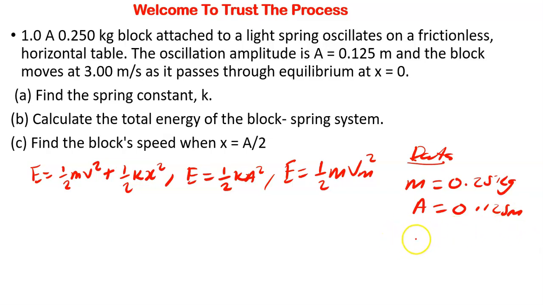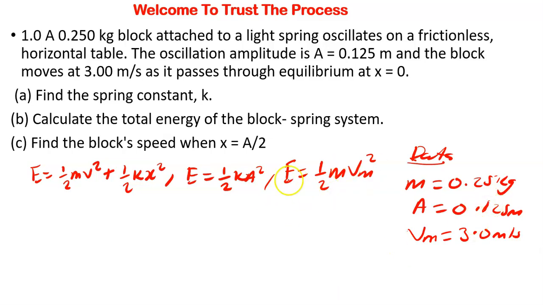Then we have the block speed at the position x = 0. That simply means we've been given the maximum velocity, which happens at x = 0, the equilibrium point. So the maximum velocity given is 3.0 meters per second.